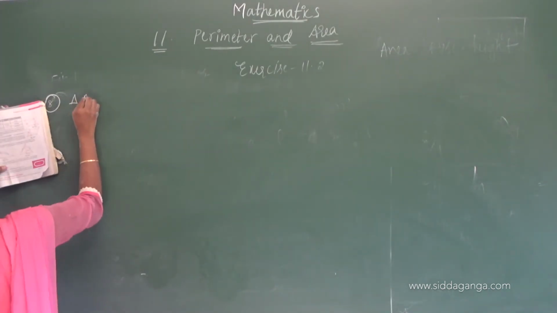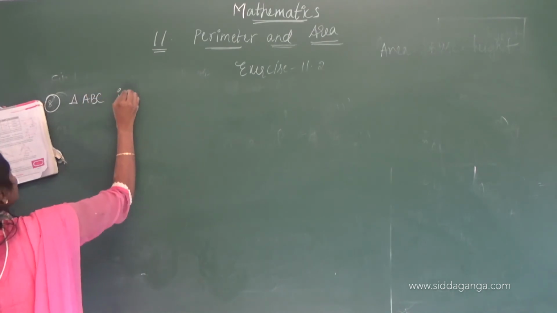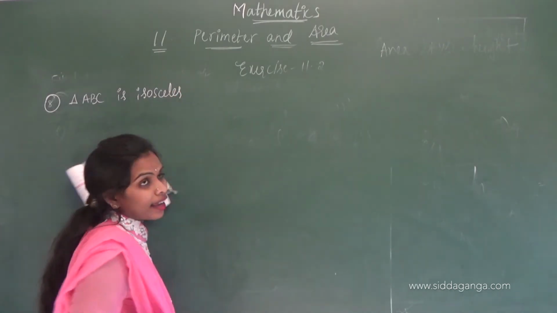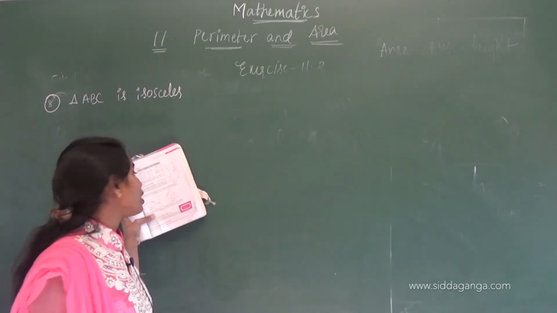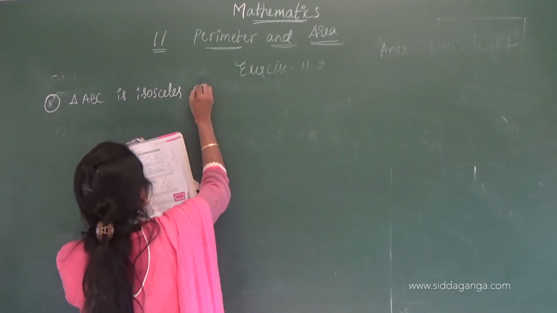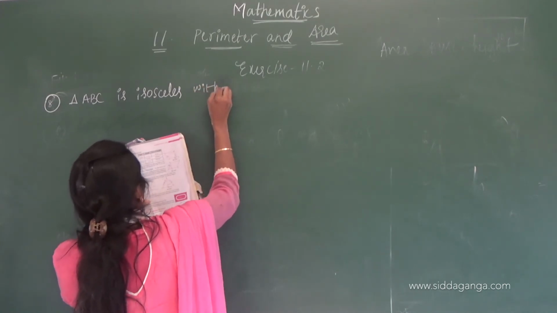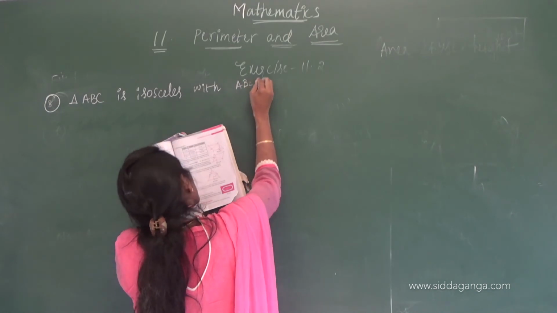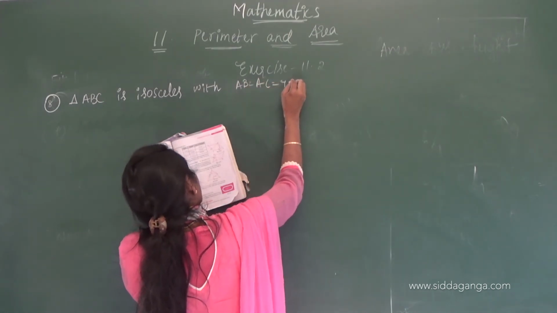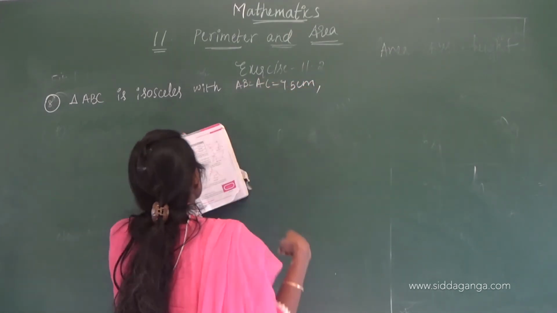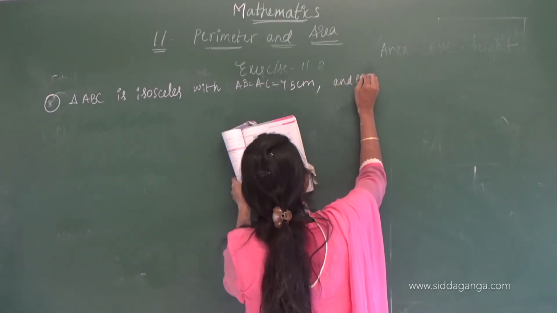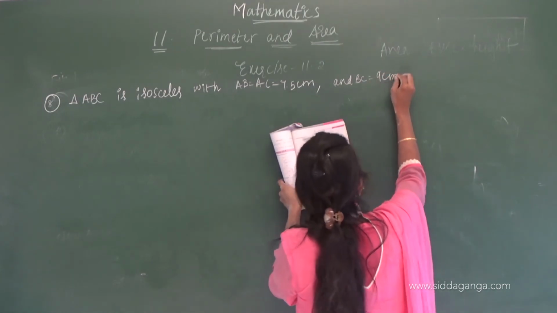Triangle ABC is an isosceles triangle. An isosceles triangle is a triangle in which two sides are equal. They are also giving the measurements: AB equals AC equals 7.5 centimeters and BC equals 9 centimeters.